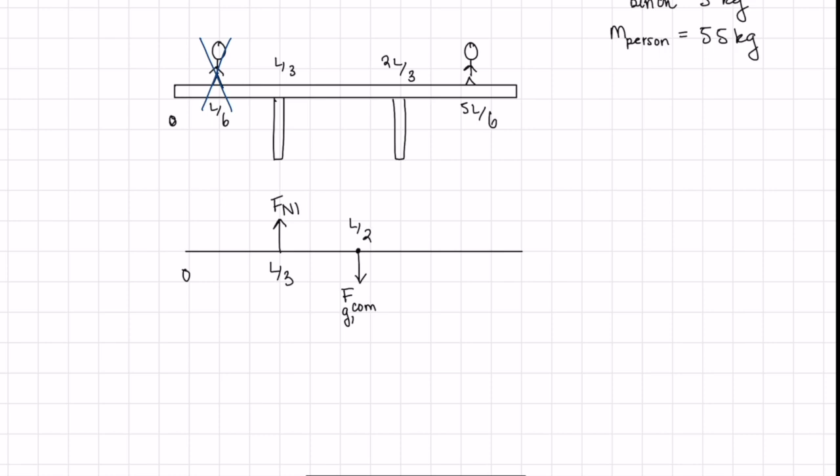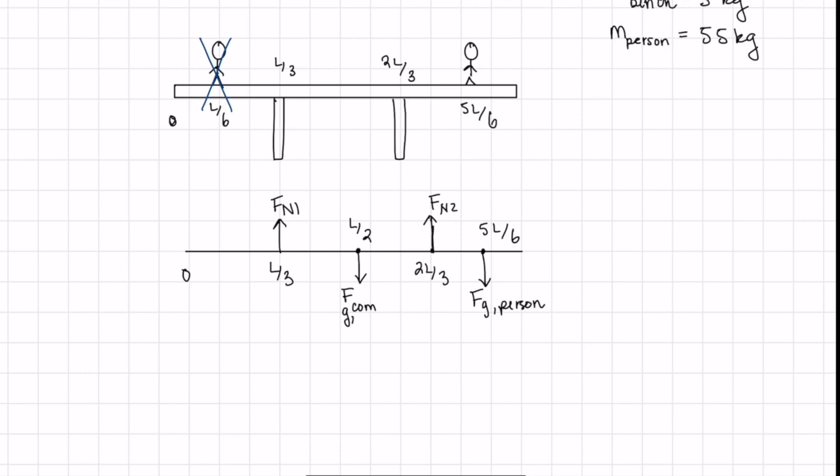We'll have the normal force from the second leg, Fn2, at 2L/3. And then lastly, we're going to have mg from our person at 5L/6 away.